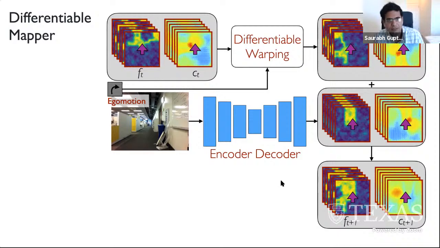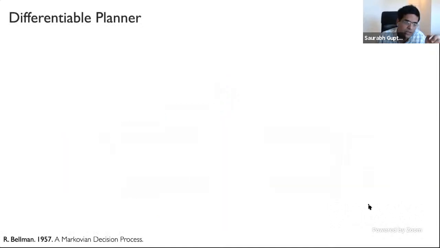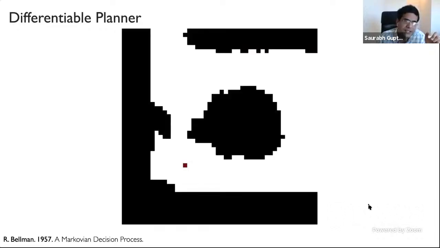Okay, so this is the mapping module, and analogously there's a planning module, and let me tell you a little bit more about that. This planner is based on Bellman updates and Bellman equations, which essentially, you're in a map, you're trying to get somewhere.